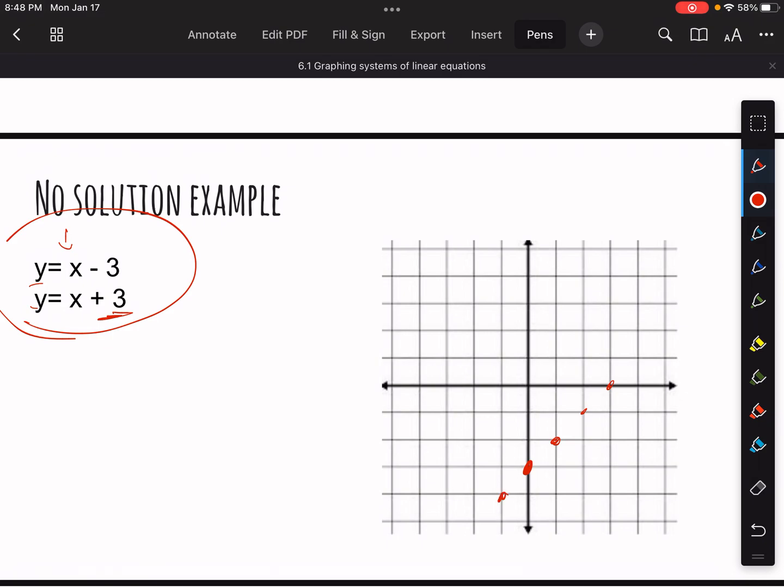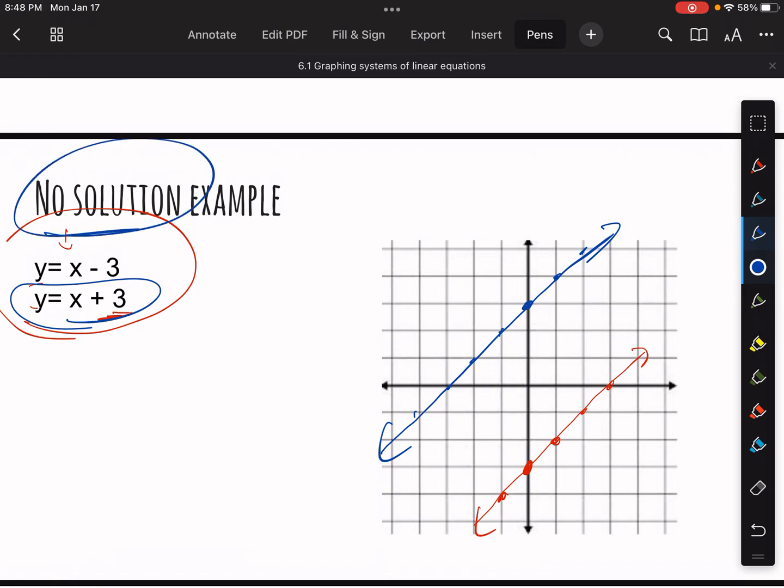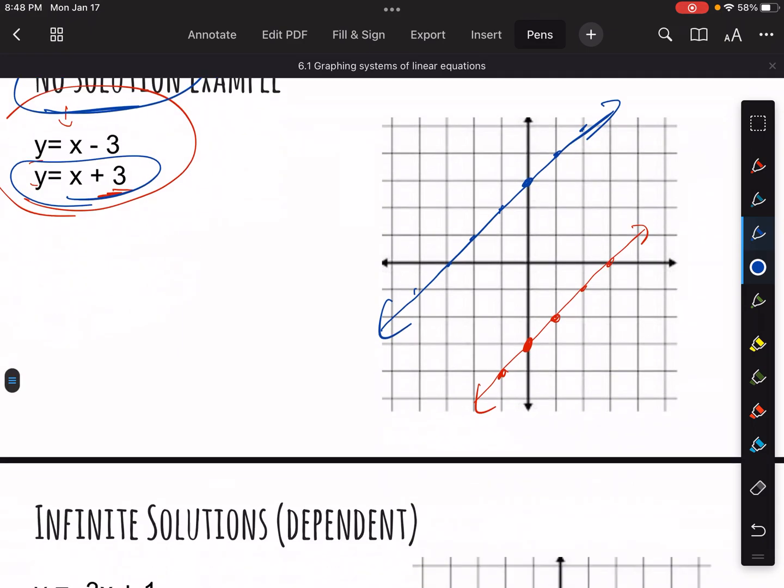Okay, and then my other one, do the other one in blue here. This one starts at +3, and it has the exact same slope. Okay, so if this pattern goes on indefinitely, those lines will never cross, and since a solution to this is where those two lines cross, this would have no solution as an answer. Okay, there's no place that those will ever cross.